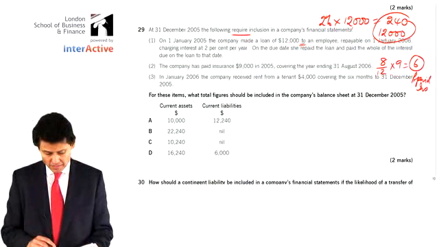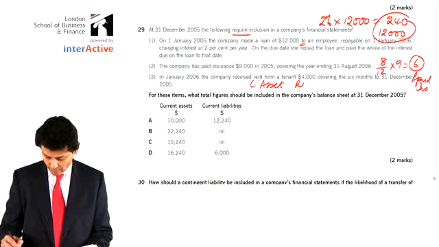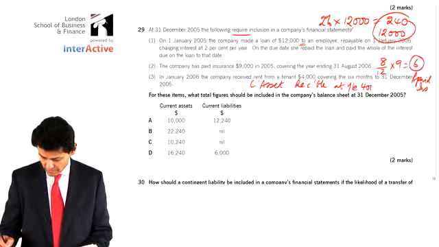In January 2006, just after the year end, the company received rent from a tenant, $4,000 covering the 6 months to December. So that's fine. That has to come in. So there's a current asset receivable at the year end December of indeed 4,000.